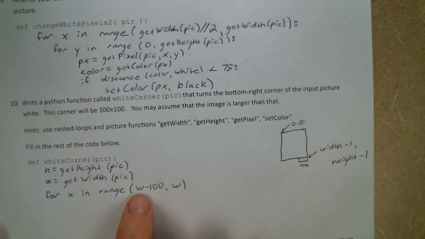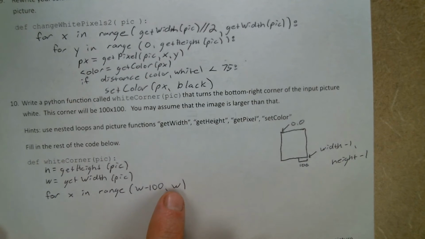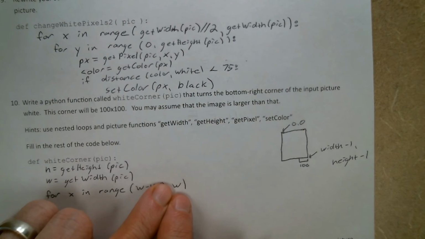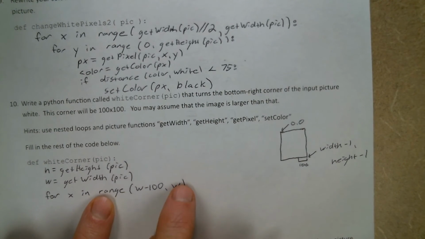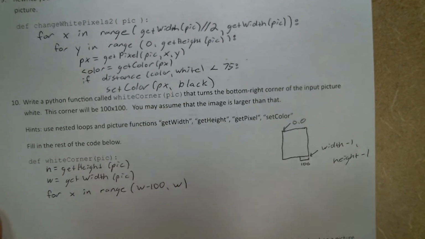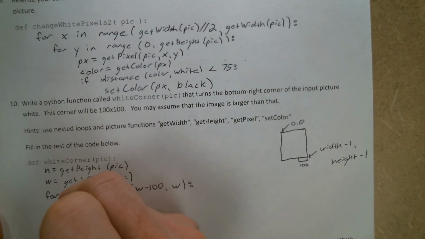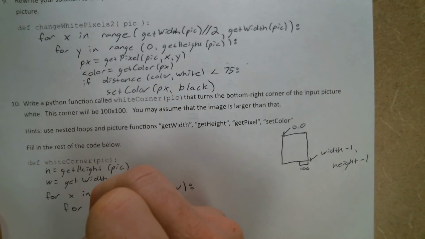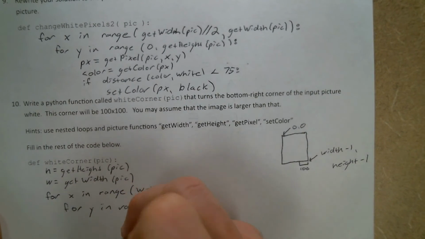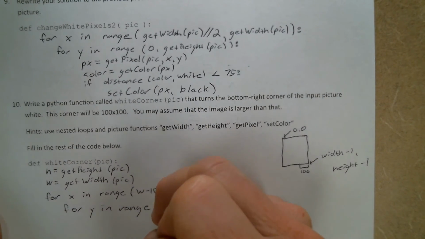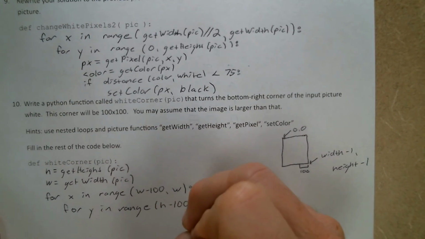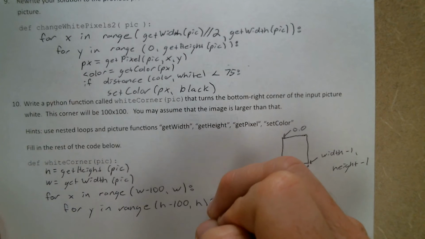So I'm going to go 100 back, but then I'm going to go to the end of the picture. All right, and again, I don't have to do w minus 1 here because the range function automatically drops that last number. All right, and then I'm going to say for y in range, and I'm basically going to do the same exact thing. I'm going to start 100 up, but then go to the full height.